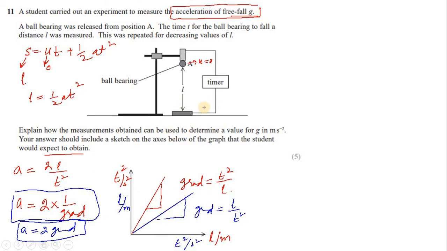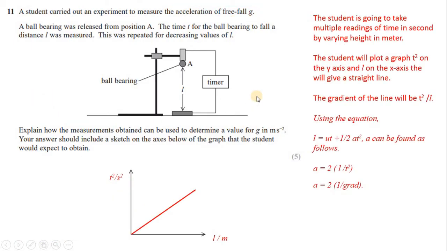So this is one of the possible answers, and there are other options, because you don't need to take t square. You can even plot a root L graph as well, but I'm not going into that detail. So one option to write the answer is something like this.